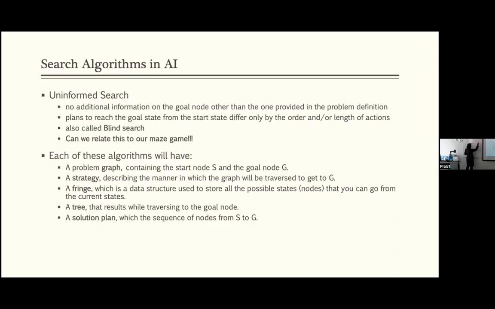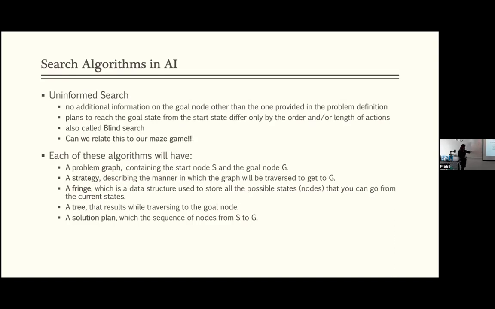Here we can see A, C, E, B. This can be one solution, and the other solution can be A... what can be the other solution? Yes, there are two possible ways to reach B from A. So this is called a solution plan.